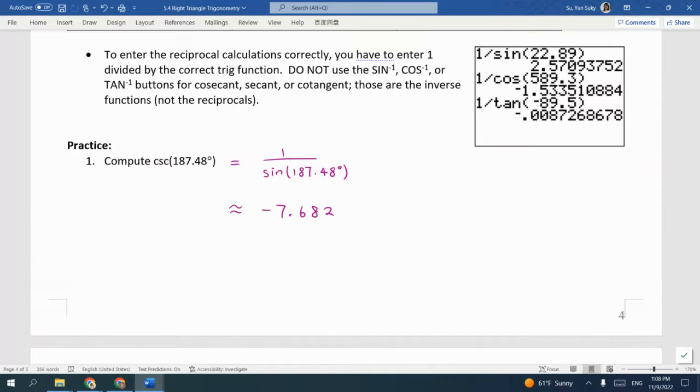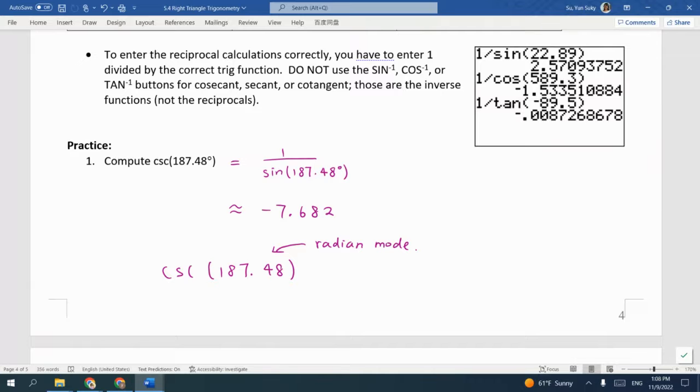Okay, and be careful. If in a problem I don't give you a degree, so if I just put 187.48, you don't see a circle there, that means you should use the radian mode.